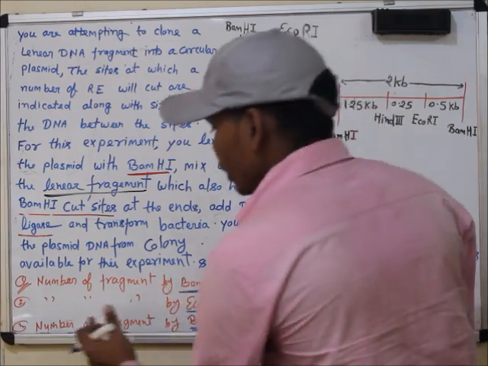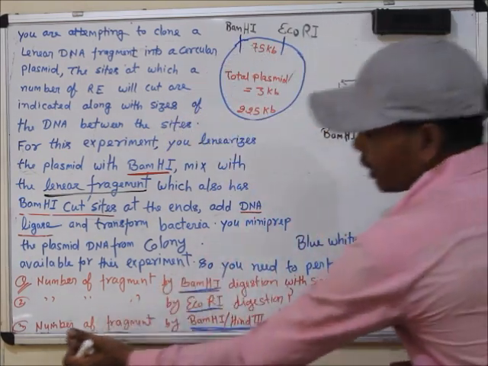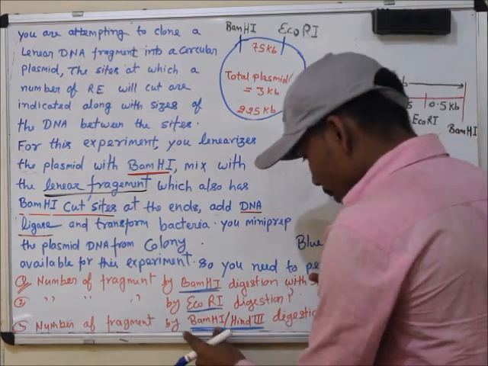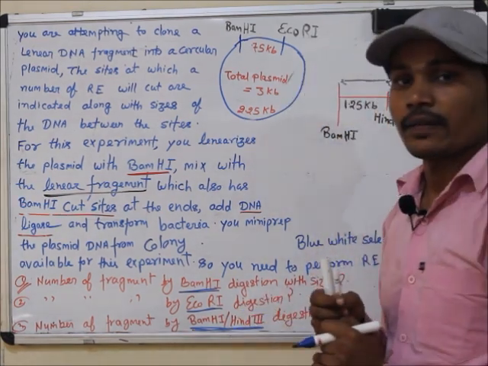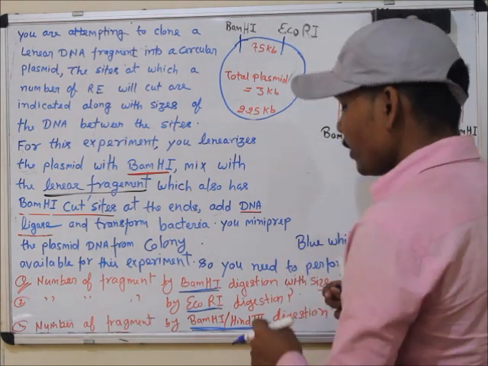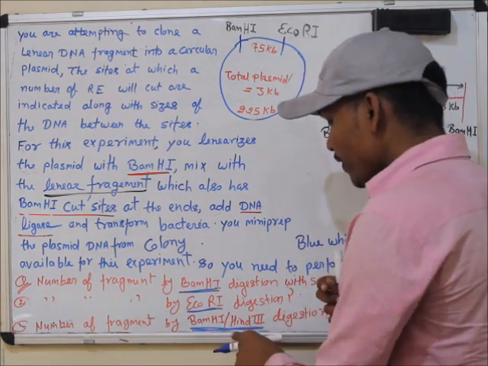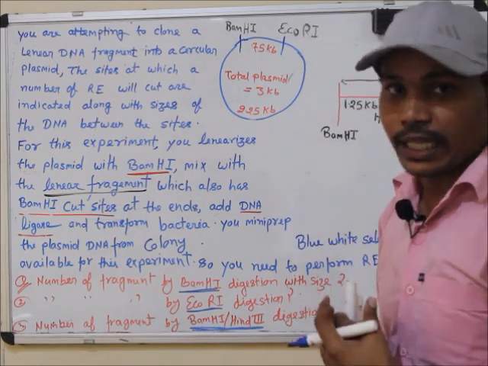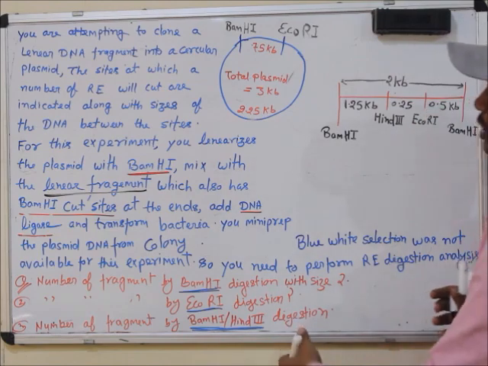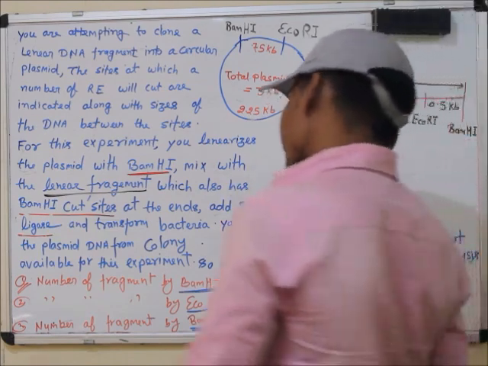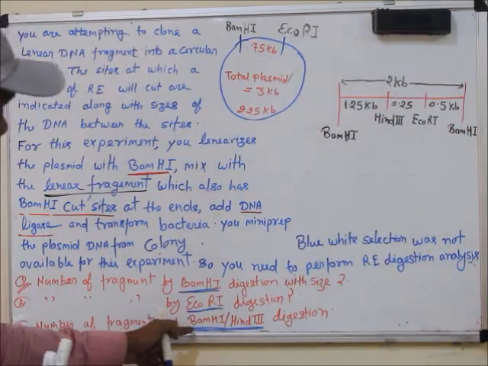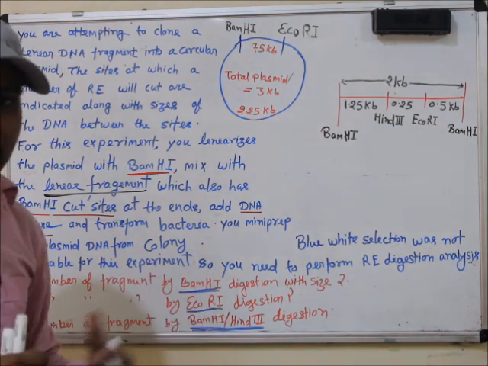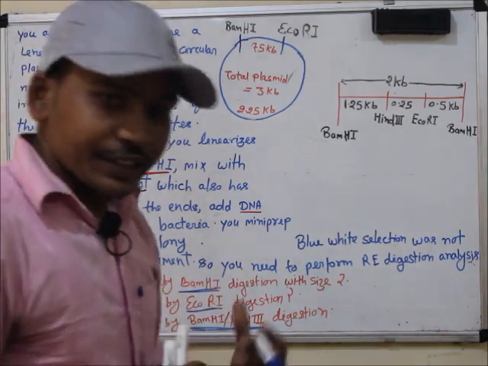The third question is how many fragments will be obtained by mixing BamHI and HindIII digestion, with size in kb. You can also make many more questions, such as mixing BamHI, HindIII and EcoRI, and asking the number of fragments with size in kb.